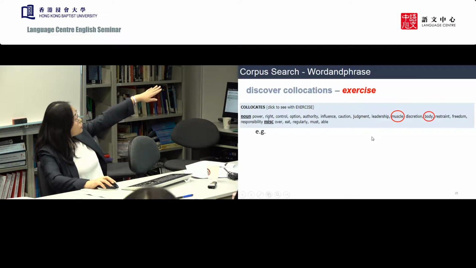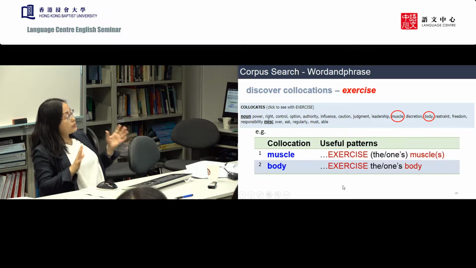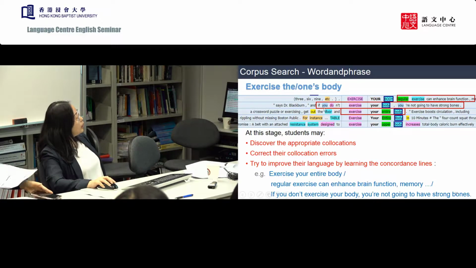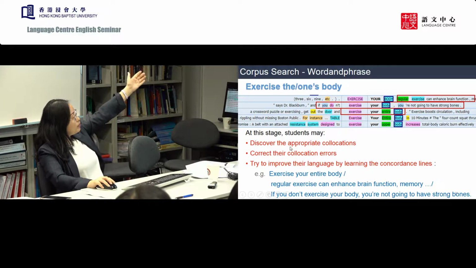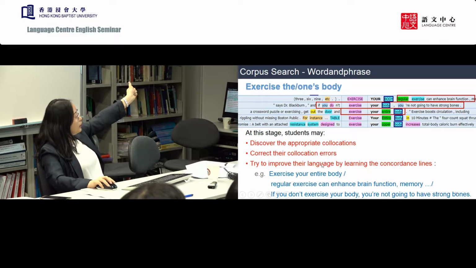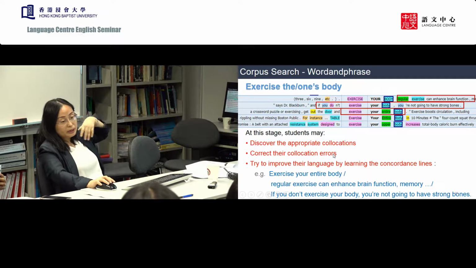You can show students muscle and body. So that's the difference between exercise and practice. At this stage, students may discover the appropriate collocations for practice, and they can correct the collocation errors. For example, they can't say practice body, but exercise body.